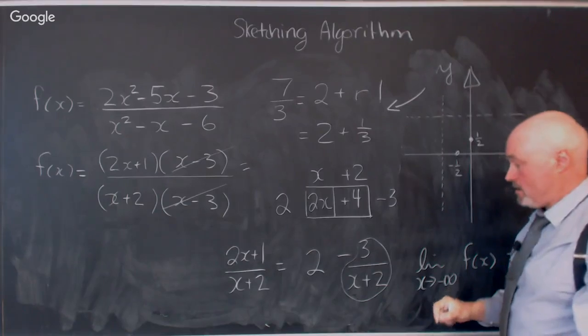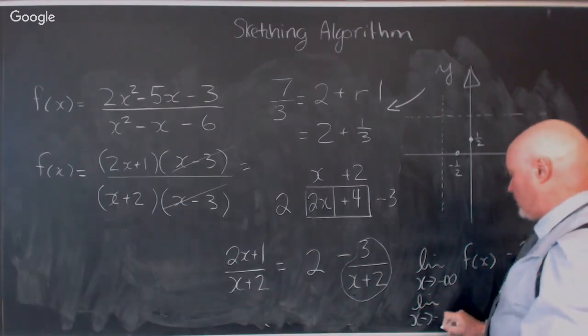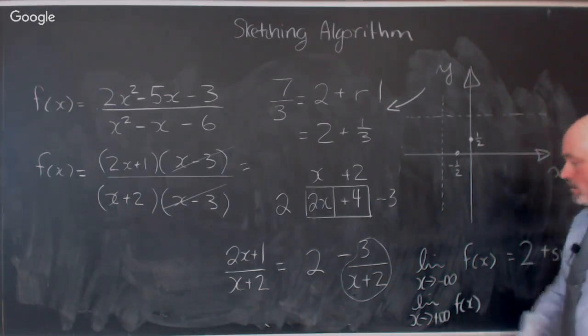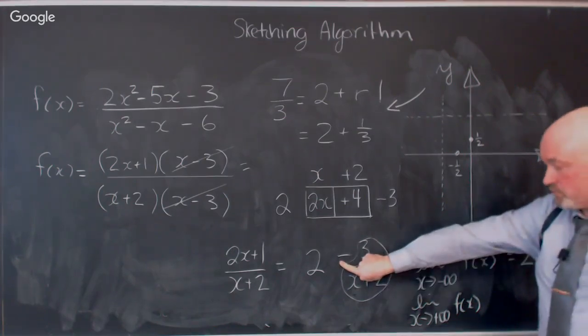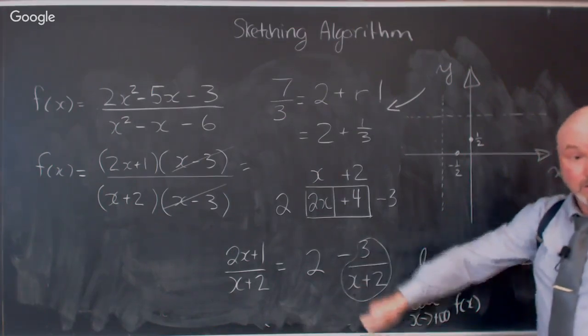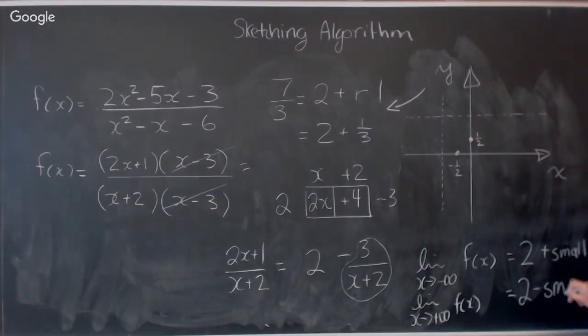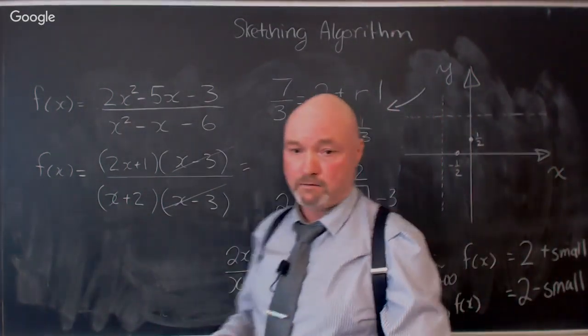Same thing as x approaches positive infinity. 3 over x plus 2 is going to be positive, and we're going to be subtracting it from 2. So this is going to be below, because we're basically taking 2 and subtracting something small.